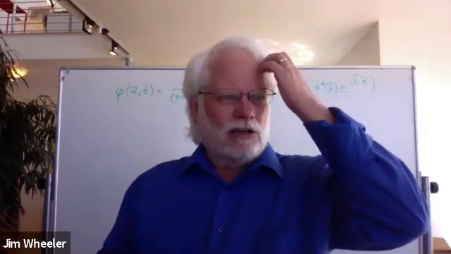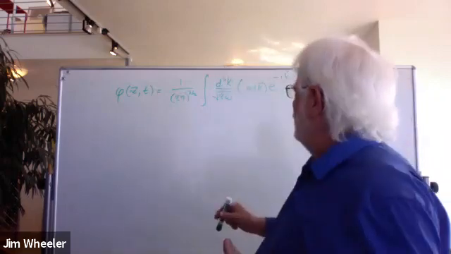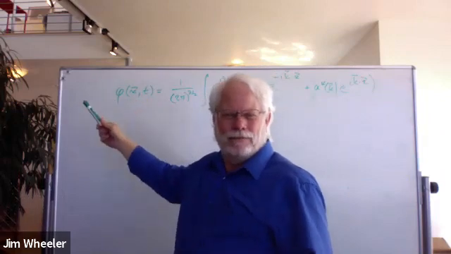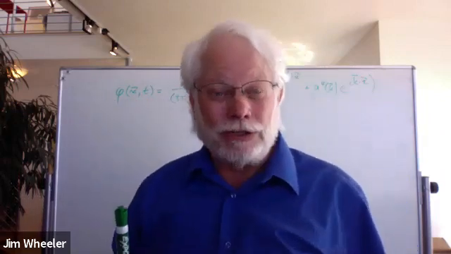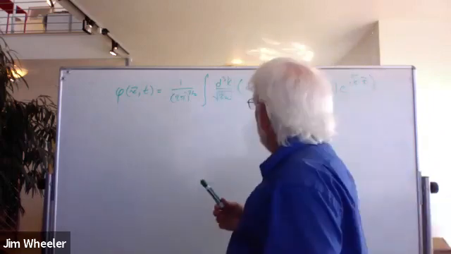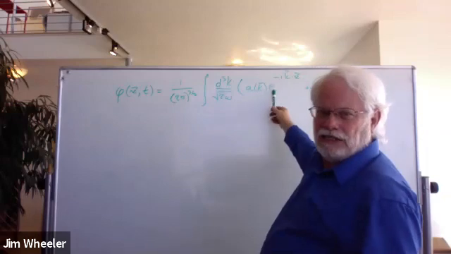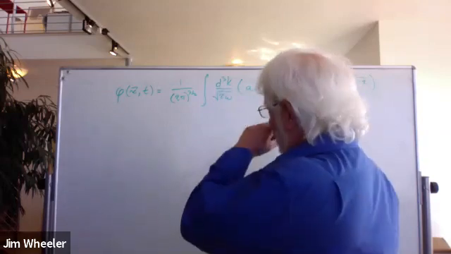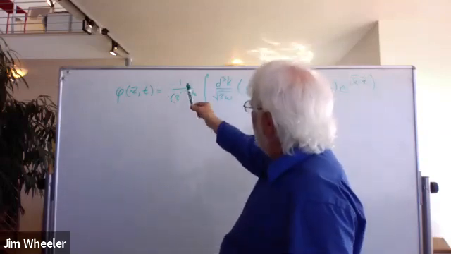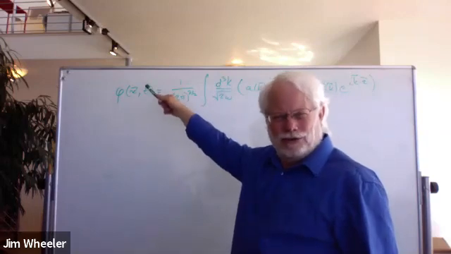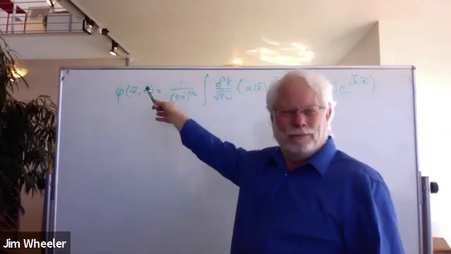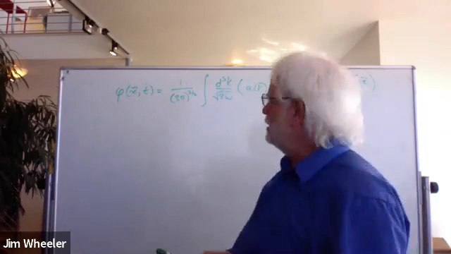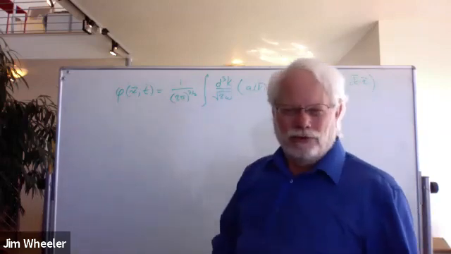We've done canonical quantization to the point of putting hats on phi and its conjugate momentum pi, and we have a fundamental commutator for those. But what I want to do now is invert this Fourier transform and solve explicitly for A of k and A star of k. You'll see that that expression is a Fourier integral over phi and pi. And when phi and pi become operators, the only way that can be consistent is if these become operators too.